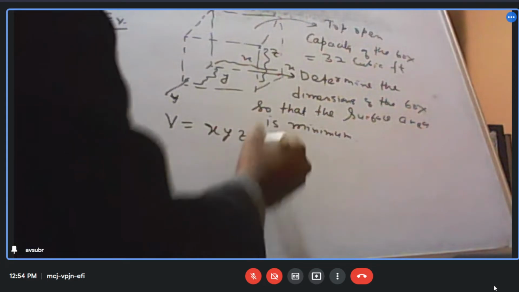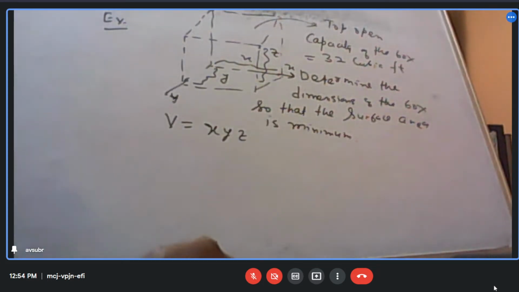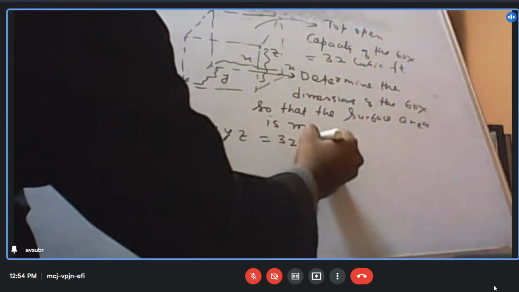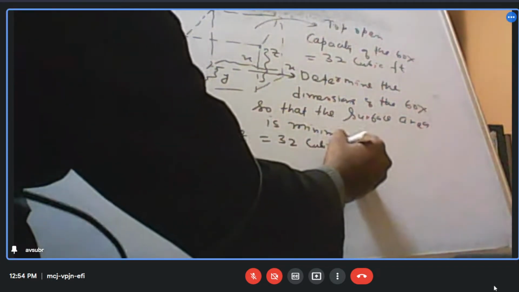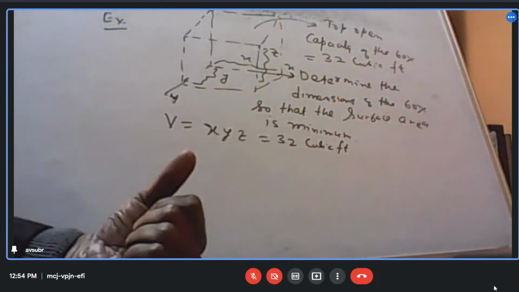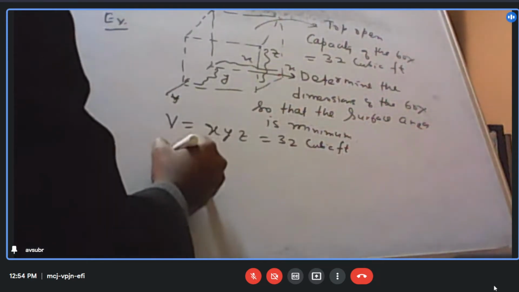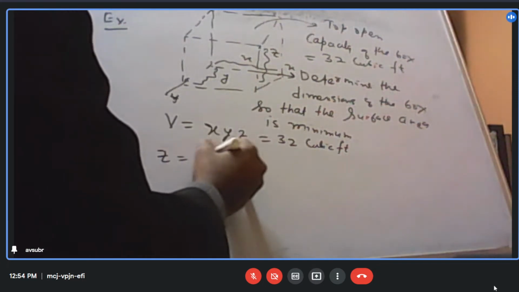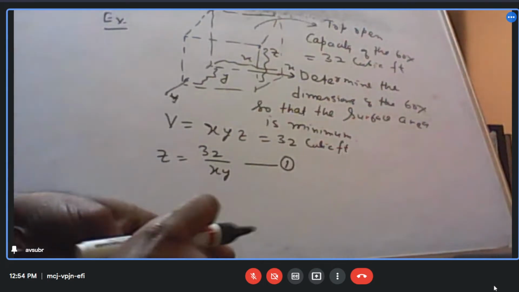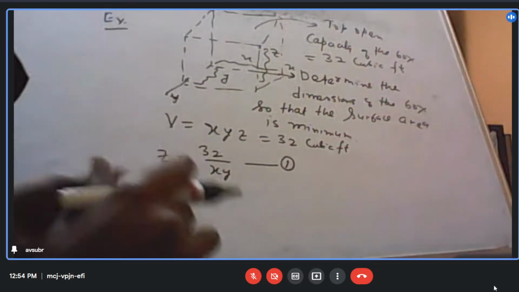X, y, and z. And this is equal to 32 cubic feet, already given in the question. So z is equal to, let us say, 32 by xy. Can I write it like this? Yes, sir.